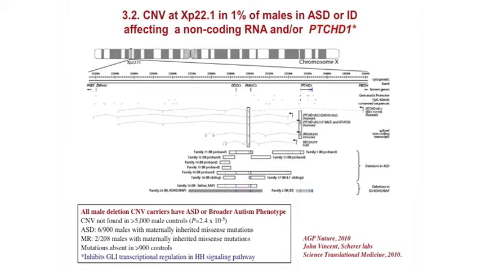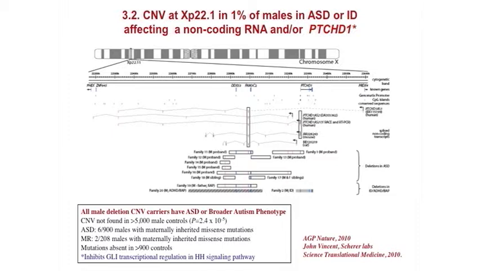We had done a study, eventually published in 2008, where we found a deletion in one family that knocked out part of the PHD gene, shown here, and this was an ASD family. Then in our genome-wide scan published by the AGP in Nature in 2010, the algorithms were designed to look for only protein-coding CNVs, genes affected by CNVs, not non-coding RNAs or non-genic regions.